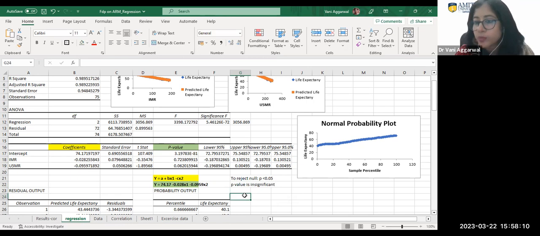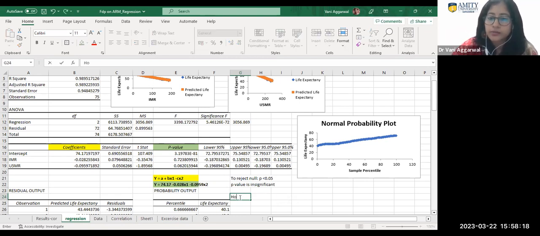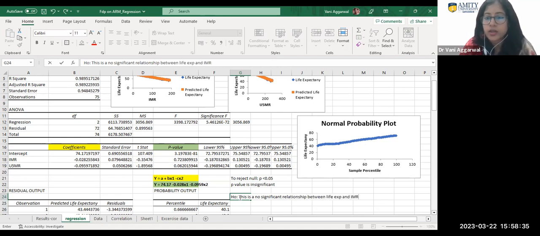Now, as you know, in hypothesis testing, I'm not explaining the process, you need to set up your null hypothesis. For example, here we have set up our null hypothesis that there is no significant relationship between life expectancy and infant mortality rate.